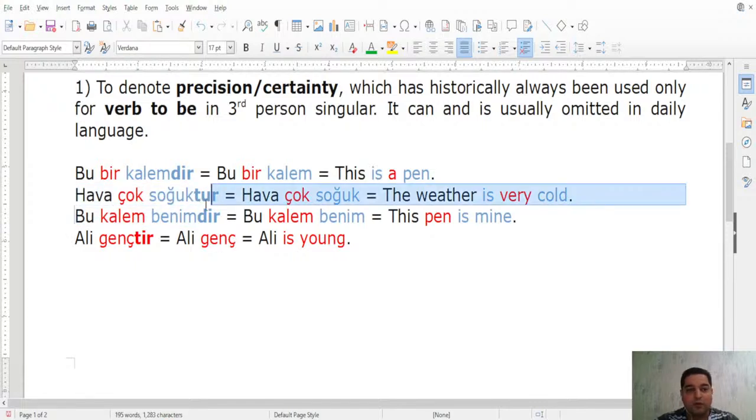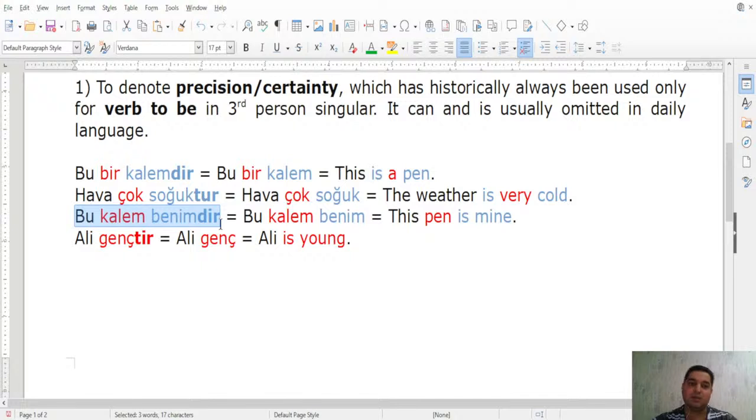Or for example, look at the third sentence. "Bu kalem benimdir." If you are not sure whether the pen is yours or not, but you are probably thinking it is, then you can say "bu kalem benimdir." "Bilmiyorum kimin, ama benimdir." Probably mine, okay? "Bu kalem kimin?" Somebody can ask, whose pen is this?